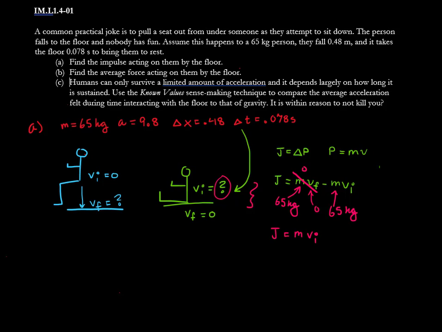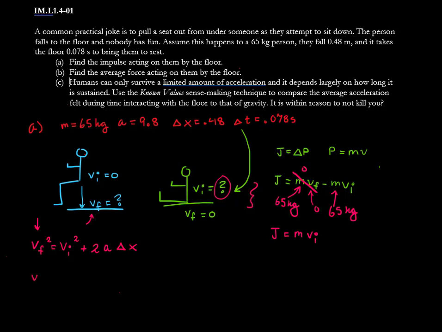So how do we find this initial velocity? We can do that with this kinematics formula. Velocity final squared equals velocity initial squared plus 2 times acceleration times change in x. And we know all of these values except for the final velocity here, which is what we're trying to find.